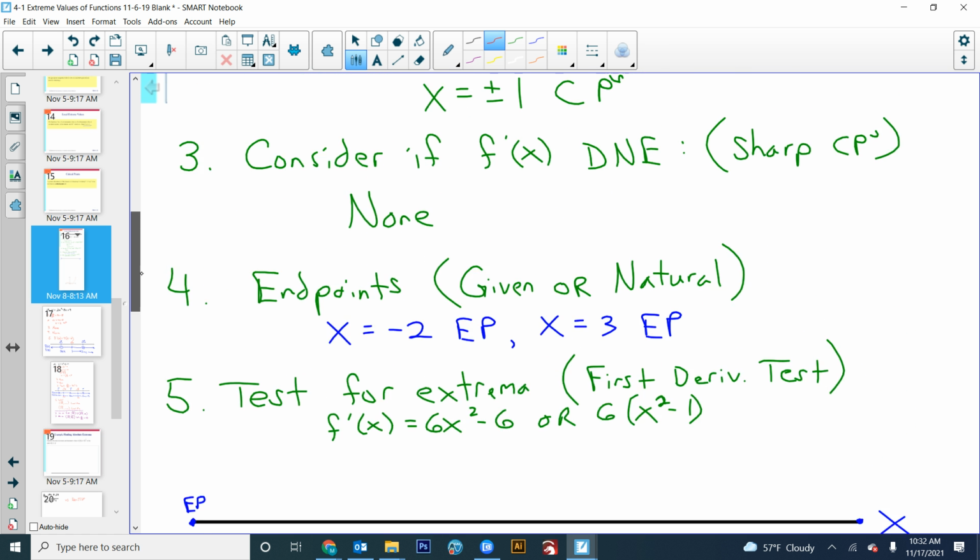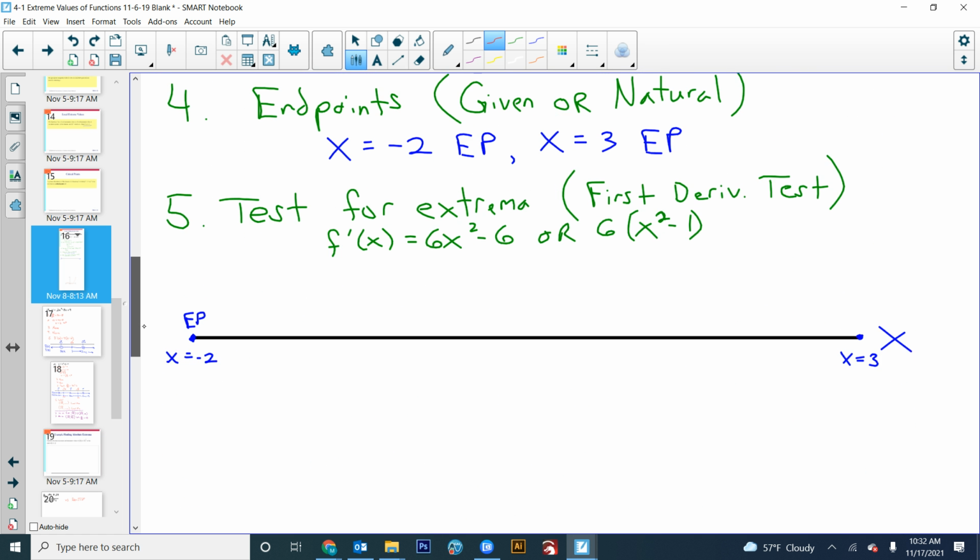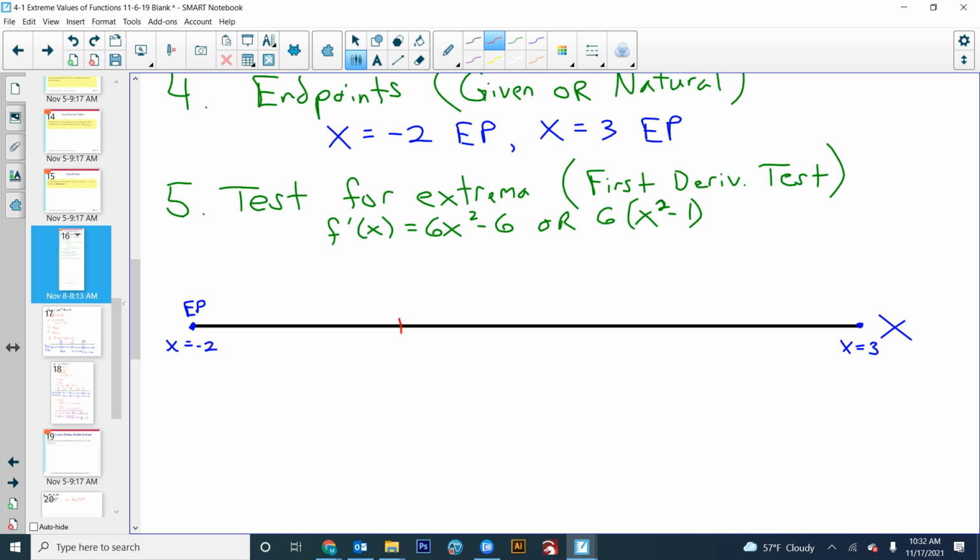Our critical points were -1 and 1. So x equals -1 was a critical point. X equals 1 is a critical point. So can you guys kind of see the y-axis going through here? We're trying to decide, is it going up and down, right? See what I'm doing there?